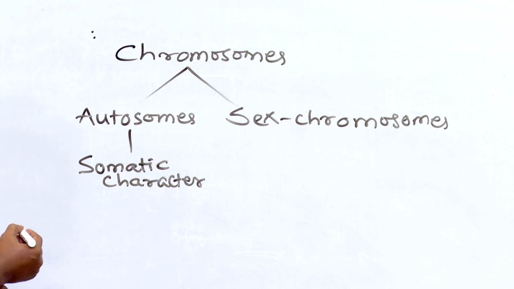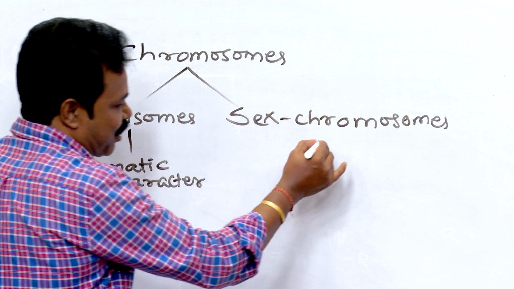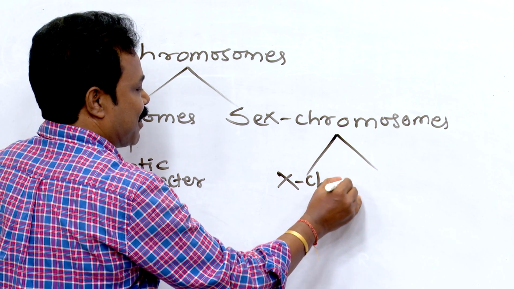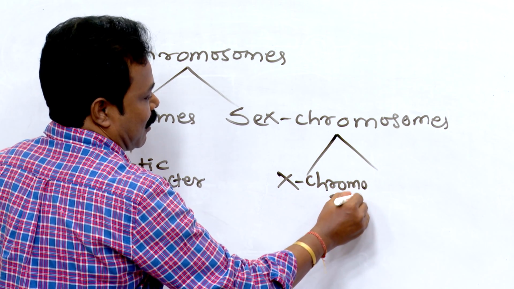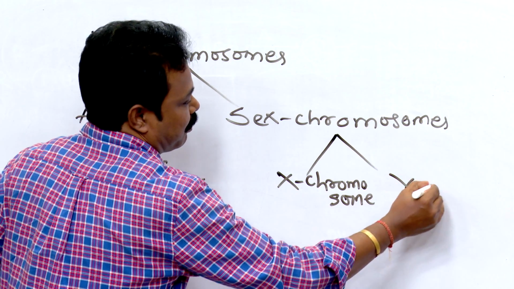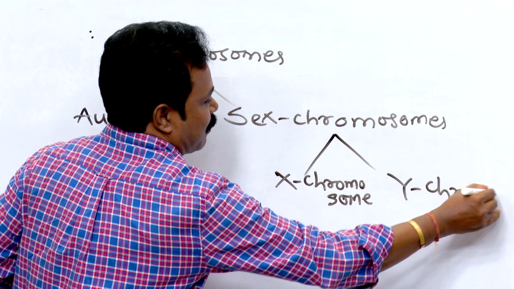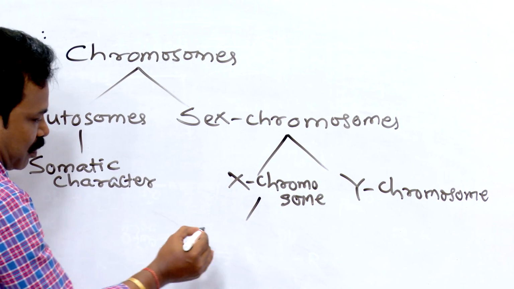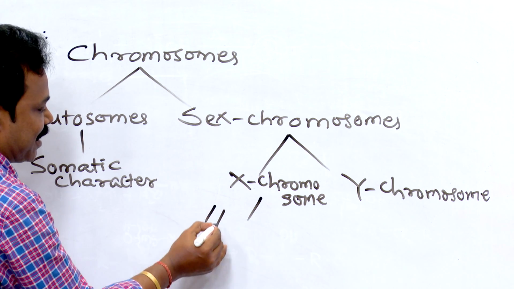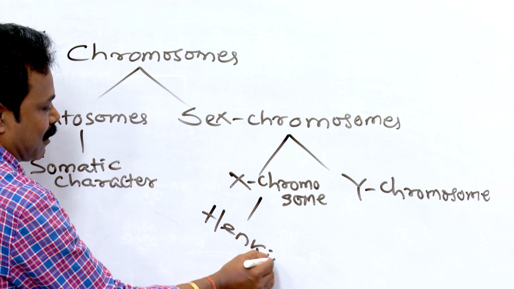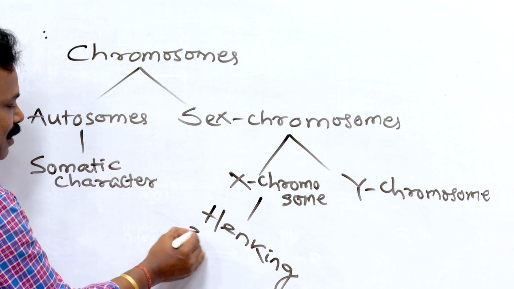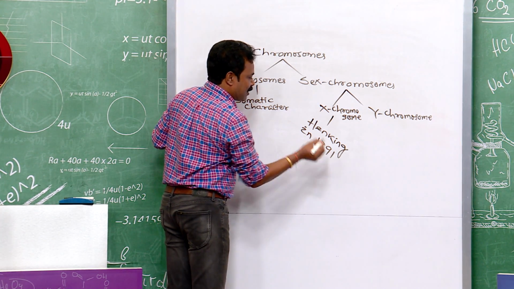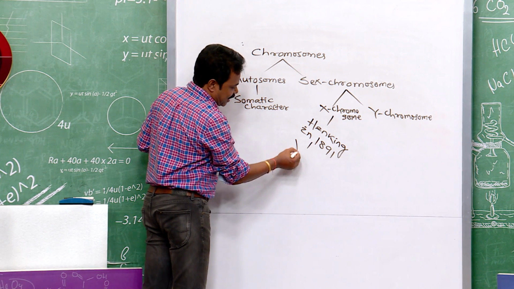also sex-linked traits. These sex chromosomes are of two types, X chromosome and Y chromosome. This X chromosome was discovered by Henking and he called it X body.